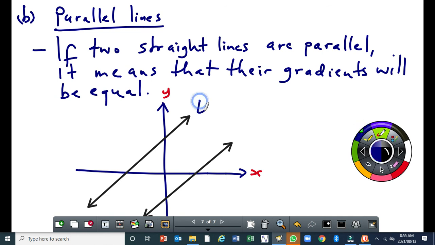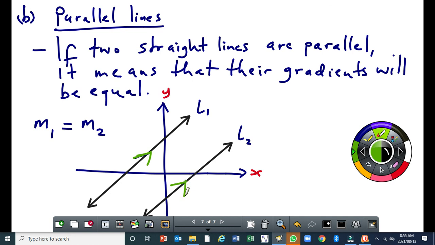If I call this one L1 and that one L2, it means the gradient M1 will be equal to the gradient M2.